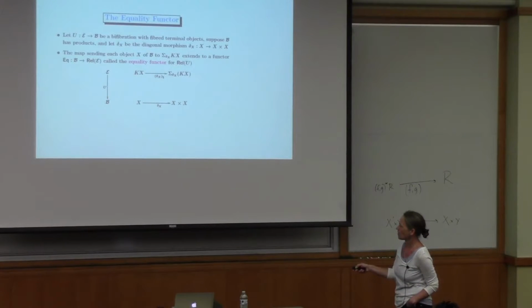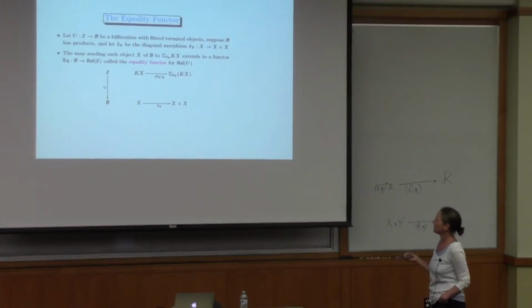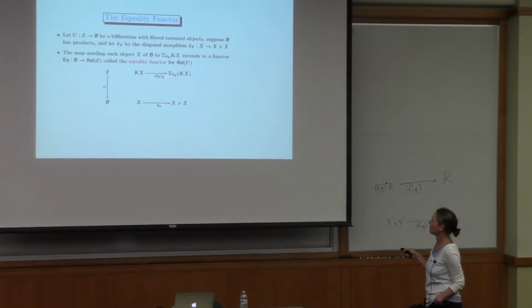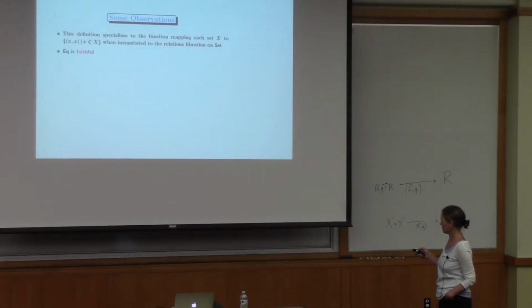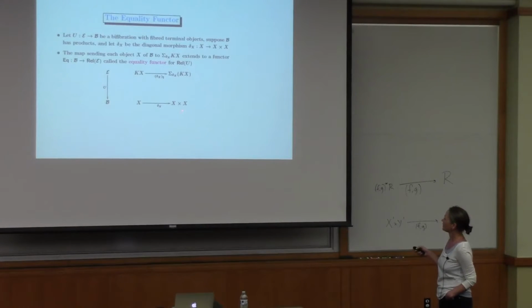I've got an opcartesian map over a map, and I start with whatever domain I want, and I use sigma of the thing below, applied to the domain I chose, to name my codomain, and that's going to be over x cross x. You can actually see that, and this is going to be my equality functor.